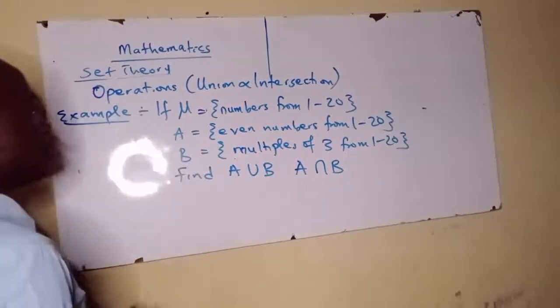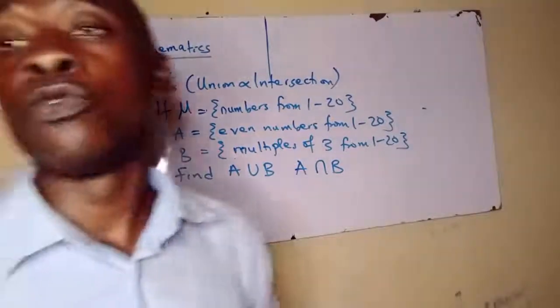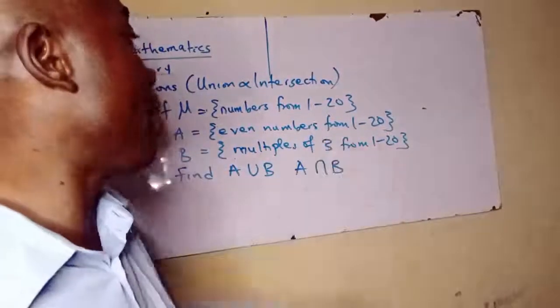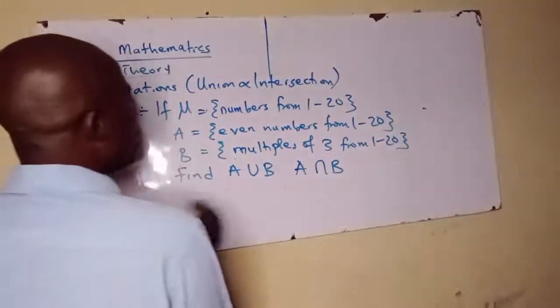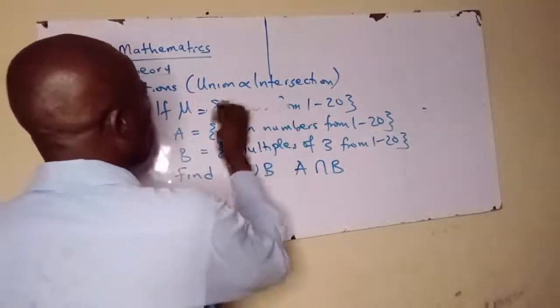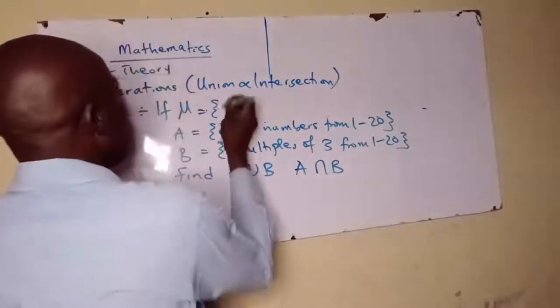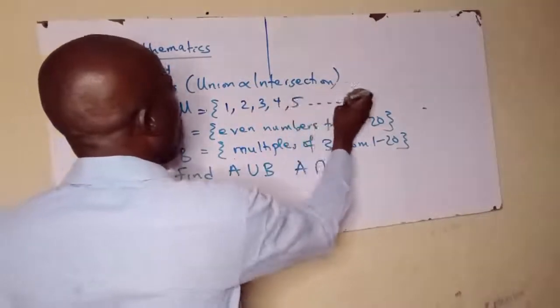Now what can we do here? The only thing we need to do is expand the items that we wrote in this format. How do I expand it? It is easy for me to do. The universal set will be 1, 2, 3, 4, 5, up to 20.